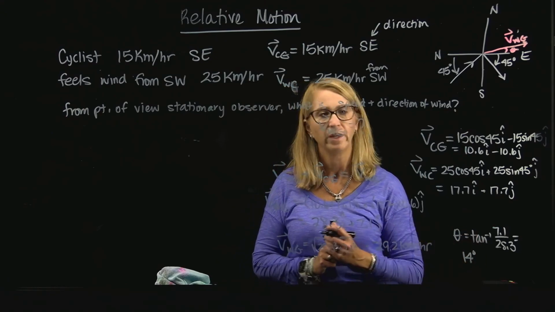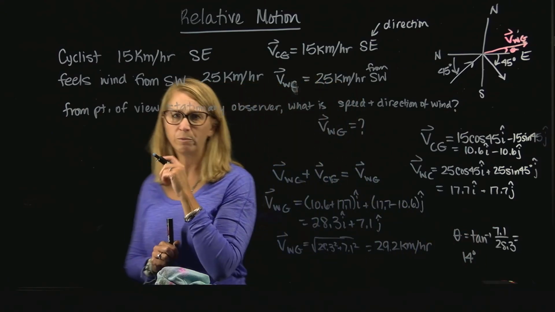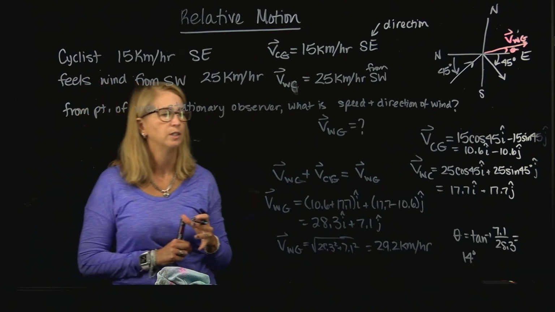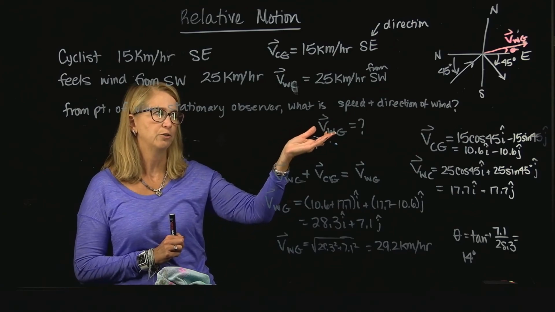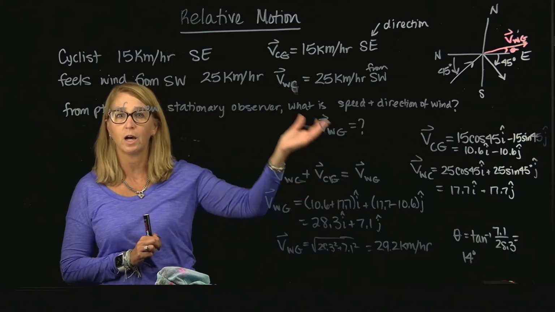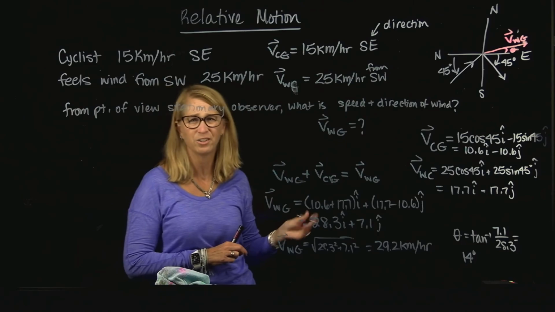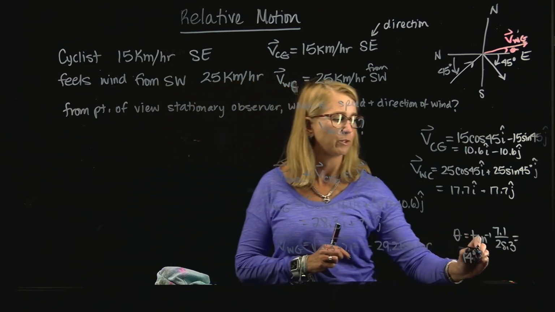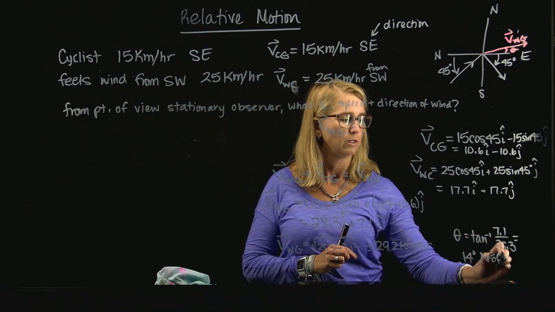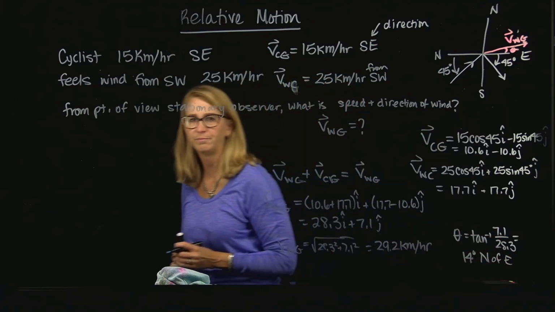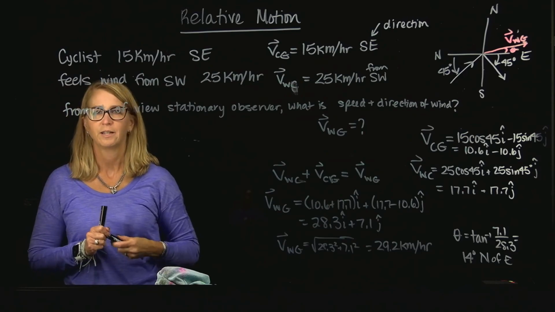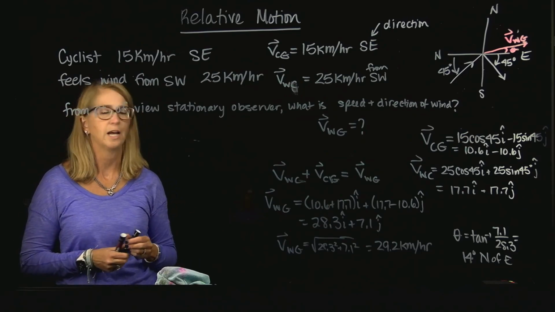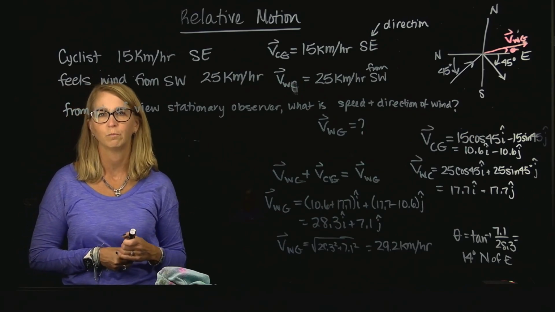And that angle turns out to be 14 degrees. Now, because we've been talking about north, south, east, west, the proper way to measure that is 14 degrees up from the east direction. I would call that 14 degrees north of east. All right? So I hope that this makes some sense or helps to see how we might do one of these relative motion problems.